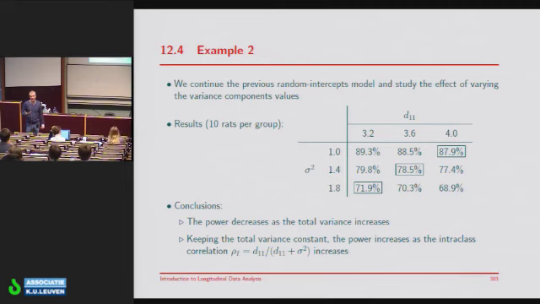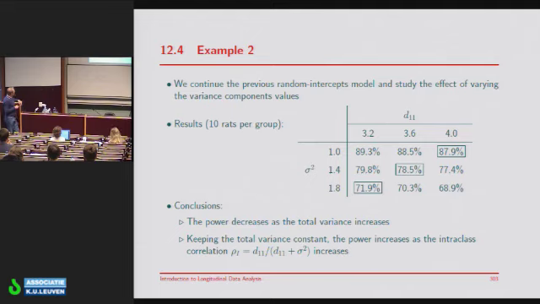So we expect the same thing to happen here. Only here we have two variances, the random intercept variance and the random slope, and the residual variance, sorry. So how crucial are they? How do they affect the power of a particular design? Well, let's just try it out.